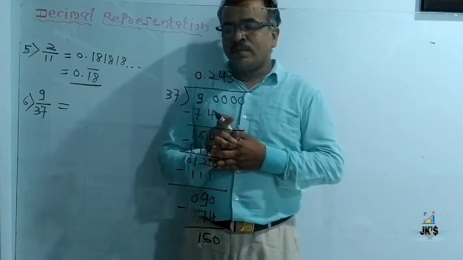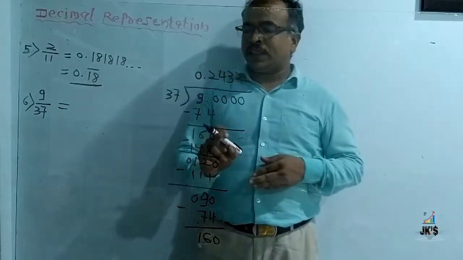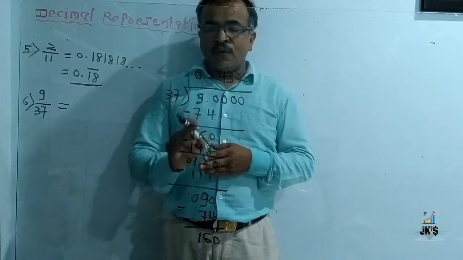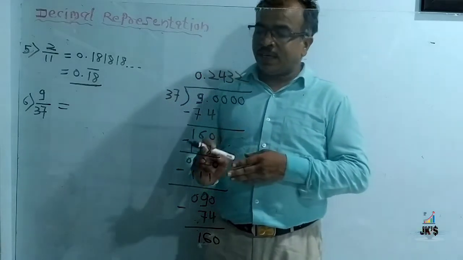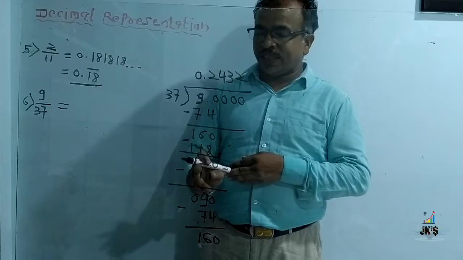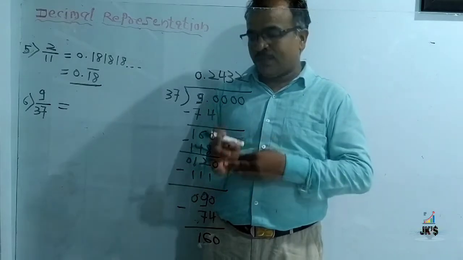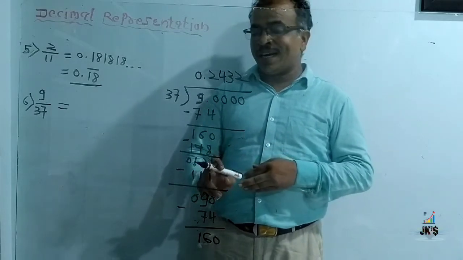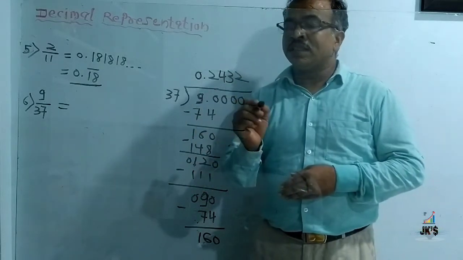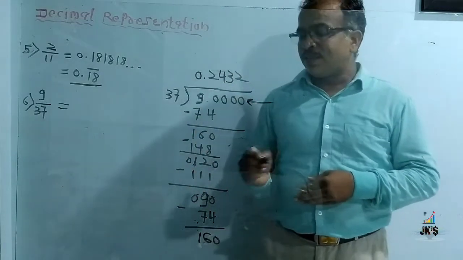Again that becomes 160. 37 fours are 148. 160 minus 148 is 12. We take 0. Again 37 threes are 111. 120 minus 111, the remainder is 9.